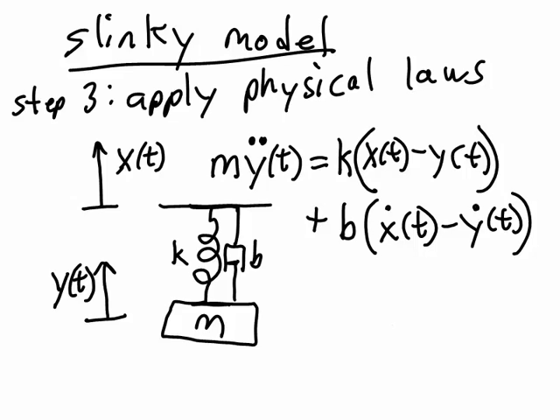Now, I can expand this to get the same equation in a slightly different form, like this. Note that the double dot indicates a second derivative, while a single dot indicates a first derivative.